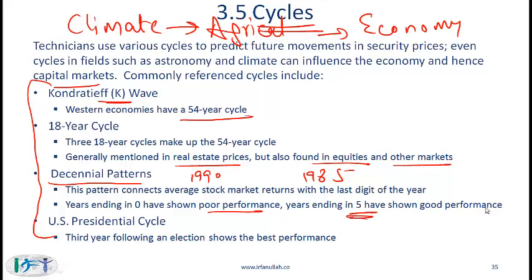These have shown good performance. And finally, the US presidential cycle. This suggests that the third year following an election shows the best performance, because this is the time where the president is trying to boost the economy so as to have a better chance of being re-elected.